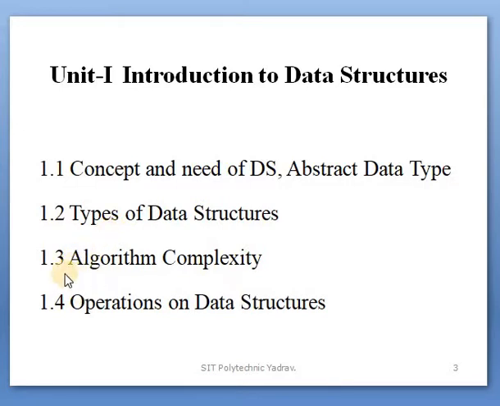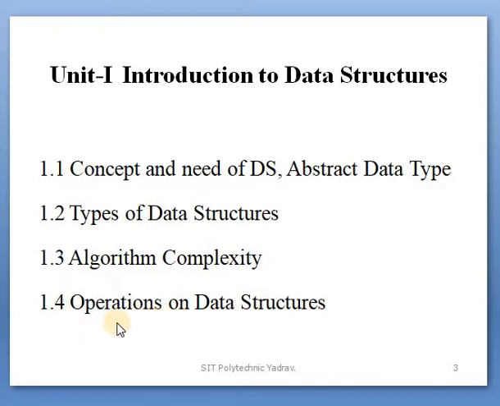Okay, next, the third sub point is algorithm complexity. In that we saw time complexity and space complexity. After that, the fourth sub point, we studied operations on data structure.